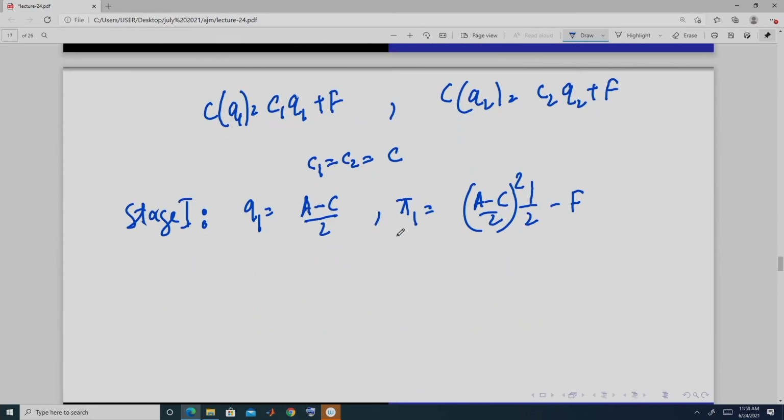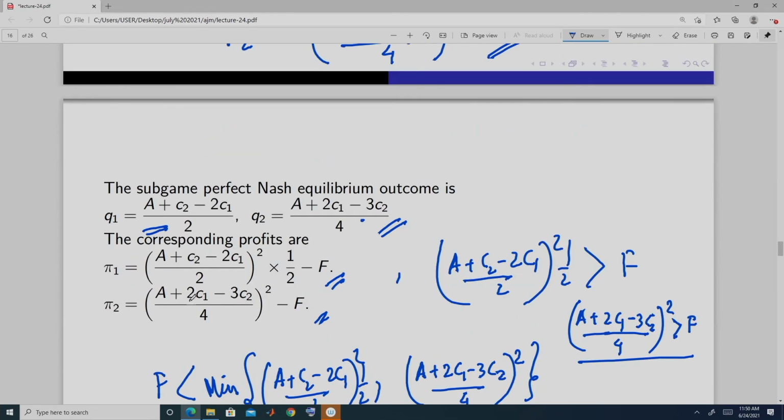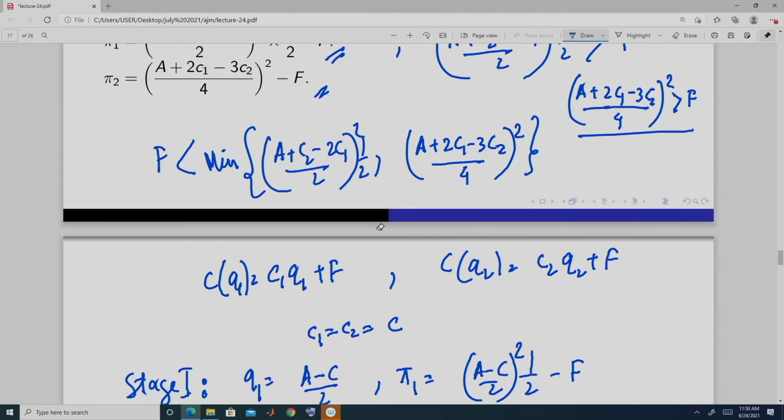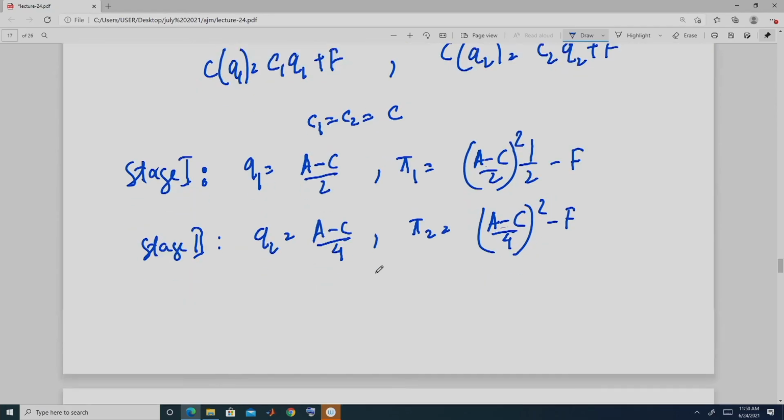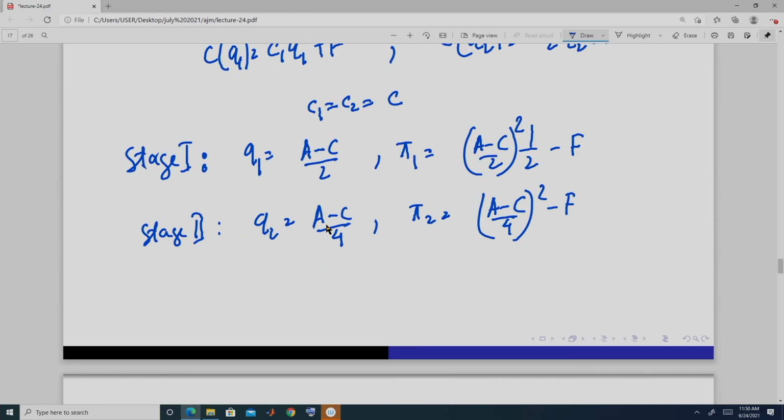So, now the profit of this. In stage 2, Q2 is going to be 2 C1 minus 3 C2, so again C divided by 4. If we compare these two outputs, we get this is definitely greater than this.